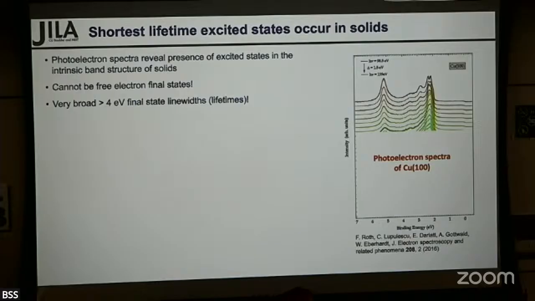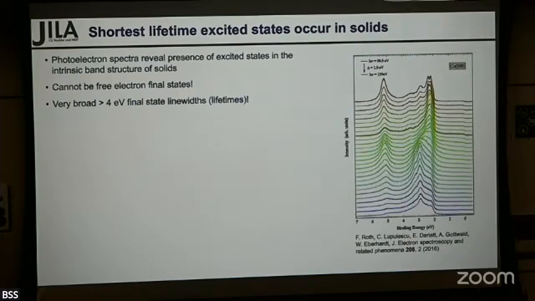Yeah, good. Now the synchrotron folks knew that sometimes you had to be more careful, because at certain incident photon energies they would see these excited states, and because they change with photon energy, they knew these were real unoccupied excited states well above the Fermi level.